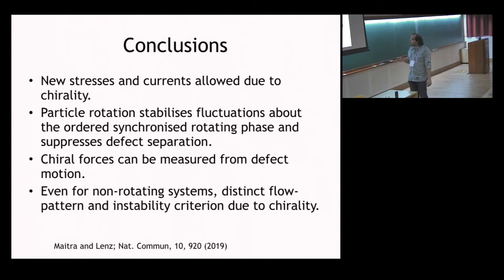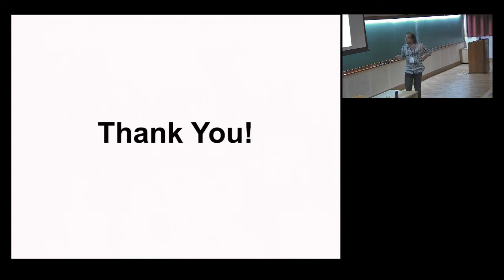This I did not talk about, but even if your systems do not rotate, as some cell layers do, they're chiral, but they do not rotate for other reasons having to do with steric interactions. You can still have distinct flow patterns and instability, distinct from the Simha-Ramaswamy instability, right? And you can read about this here, and that's it, thank you.